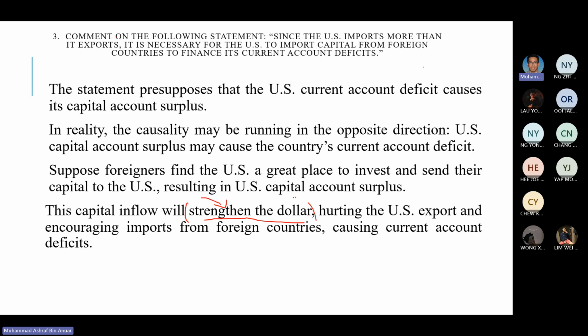When your currency becomes strong, you pay a cheaper price when you import, causing current account deficits. Is it clear? Hopefully you understand this statement. Can we proceed to the next question?